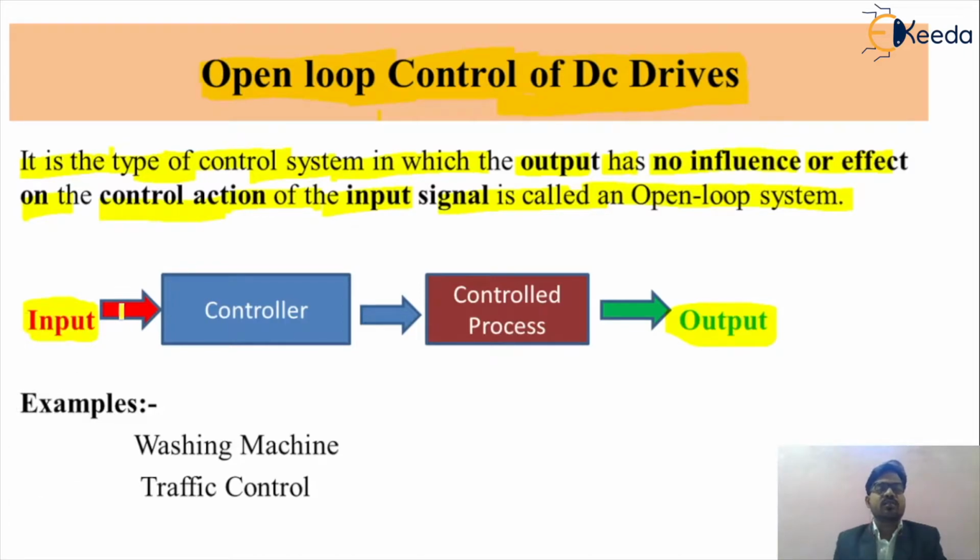In the open loop system, first there is the input signal that is given to your system. Then the second block, which is very important, is called the controller block. Then the third block is called the control process, and we can take one example for your understanding. After that comes the output.